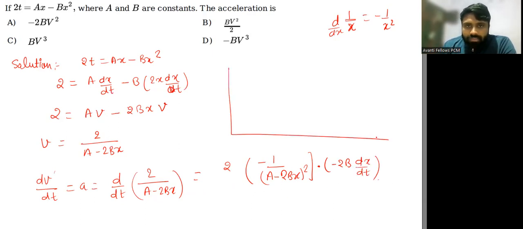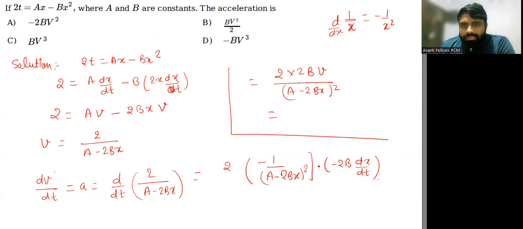Now, this will result in 2 into minus and minus becomes plus, 2 into 2b dx by dt, which is v, upon a minus 2bx whole square. We know that 2 upon a minus 2bx is v, and here in the numerator it forms 2 square and in the denominator a minus 2bx whole square.